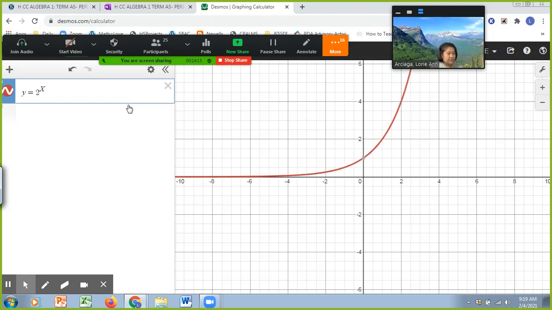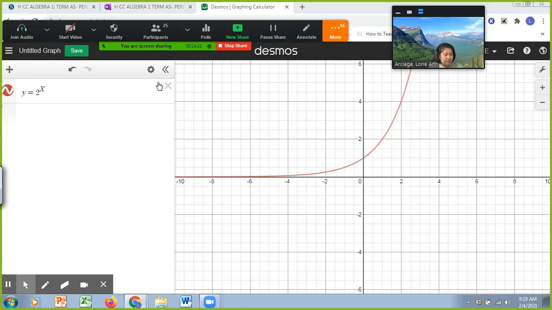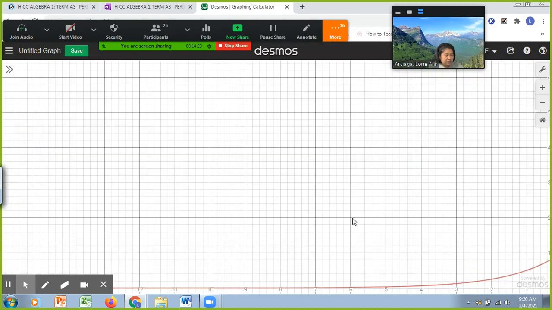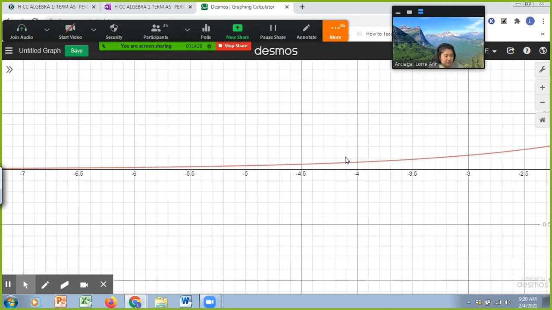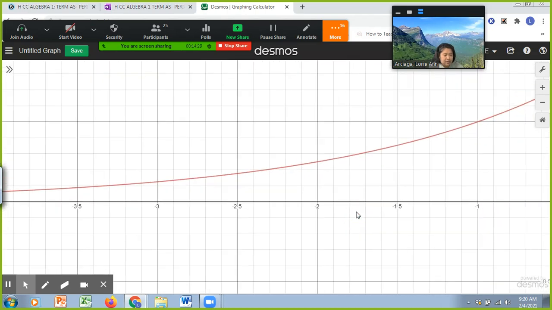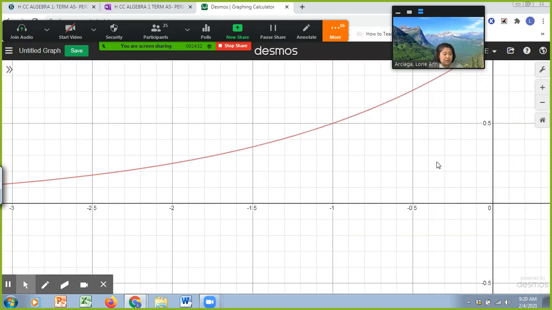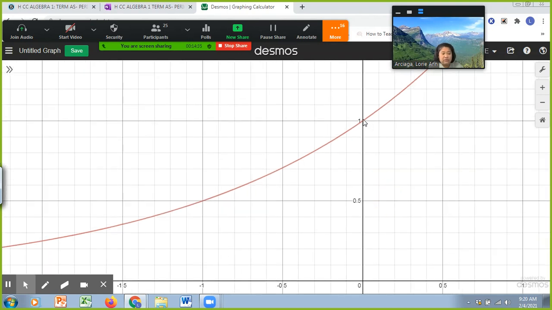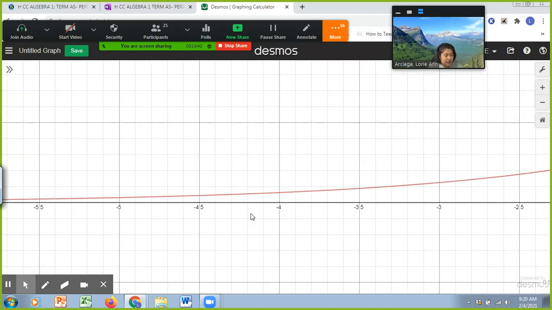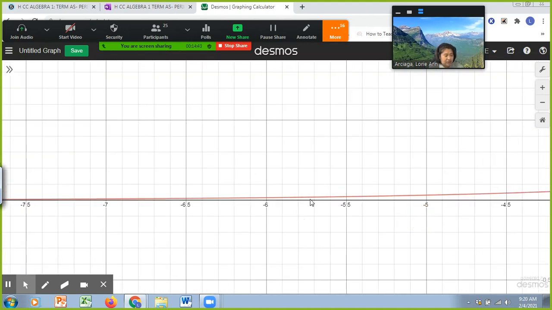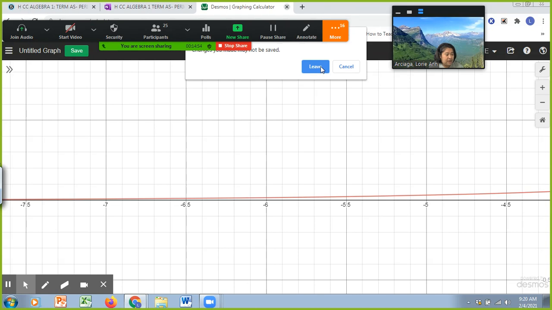As you can see, the graph continues to be very close to the x-axis, but it never actually passes through it. And that's your initial value over there. We call it initial value or y-intercept. As you can see on the graph, it becomes smaller and smaller, but never becomes negative. So that's the graph of an exponential function.